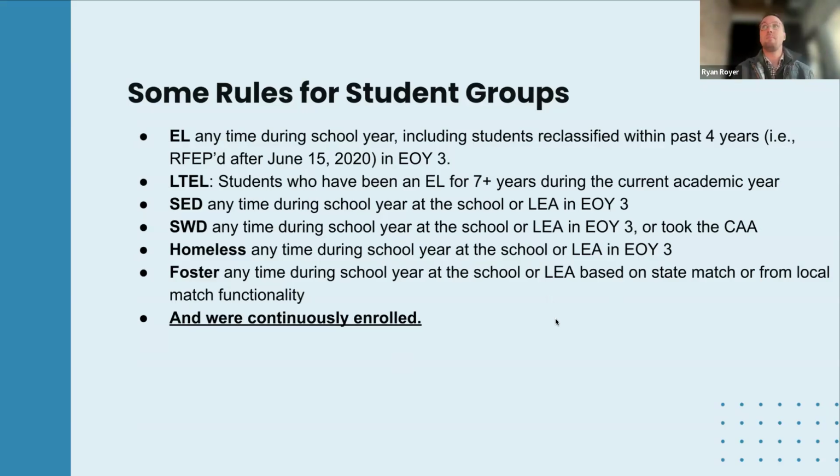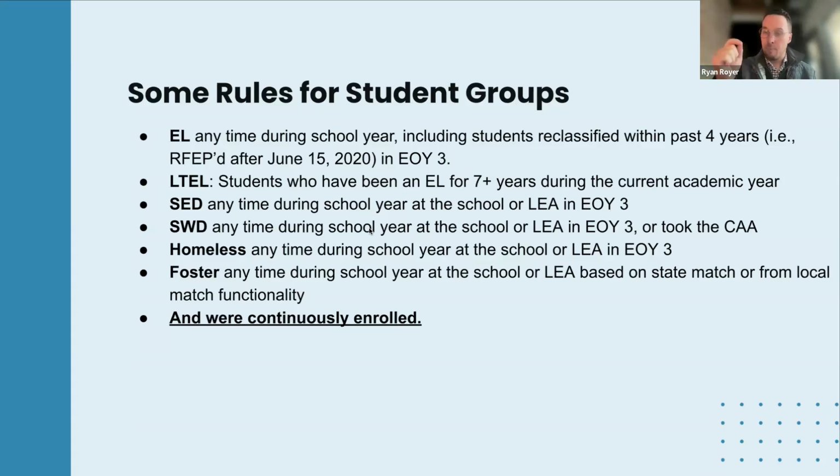The SWD, something I wanted to point out here, I'm not 100% sure yet. I was looking into how this plays out. And if one of you has an insight into this, please feel free to share it. But for students with disabilities, it follows the same line of logic and rules as the socioeconomically disadvantaged students, but there's a caveat at the end: or took the CAA.